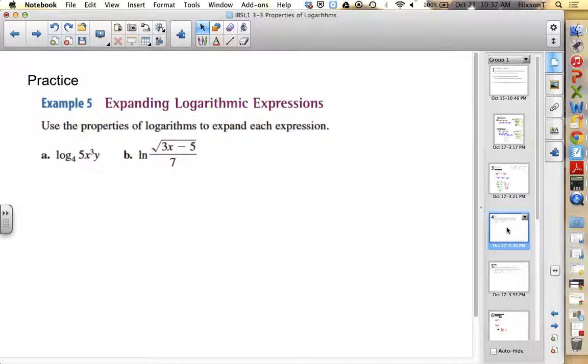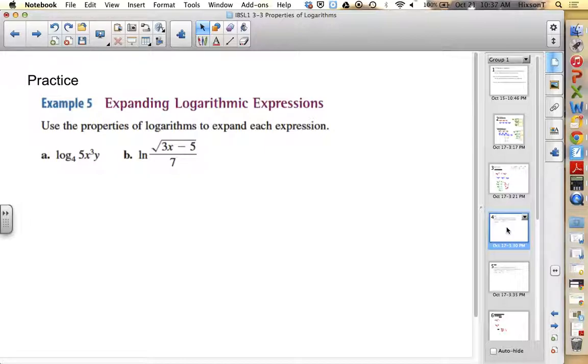Is this right? Expanding. You can actually do something more with that middle one. That's correct so far. You can just do a little bit more. Not quite.